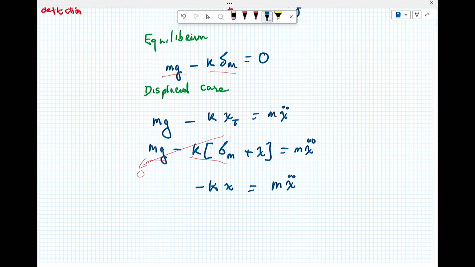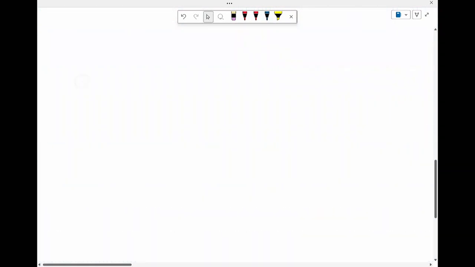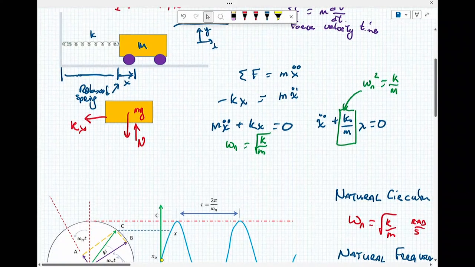And you'll notice immediately that I have defined my system in such a way that I can bring this term over to this side, and I get the exact same equation as I got at the beginning of the lecture.